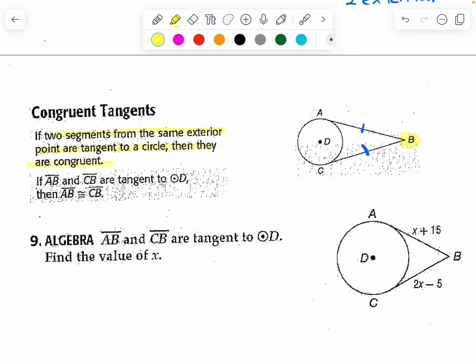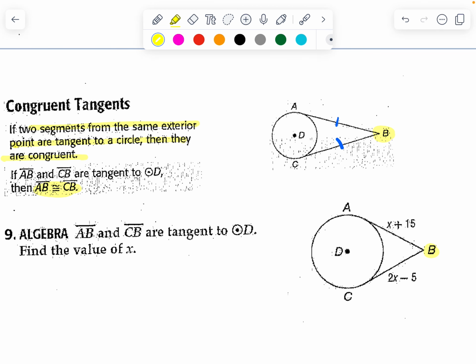So AB has to be congruent to CB because they're both tangent to circle D and they're coming off of point B. So since I have these 2 tangents here and they're both tangent from the same point B to the same circle D, we could make the statement that x plus 15 equals 2x minus 5. And then we go ahead and solve that equation to get x equals 20.